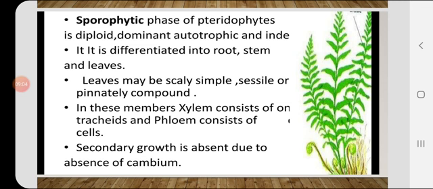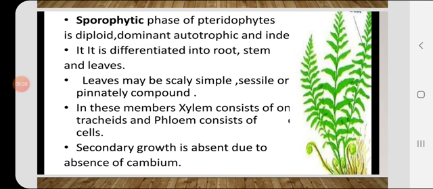The sporophyte is again divided into root, stem and leaf. Leaves may be scaly, simple, sessile or pinnately compound, depending on the species.